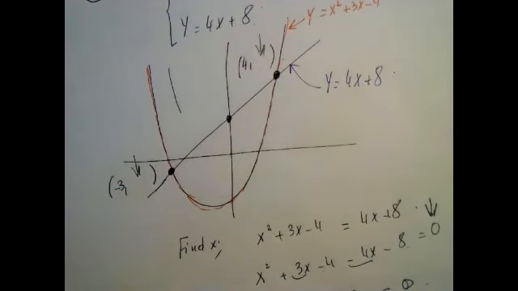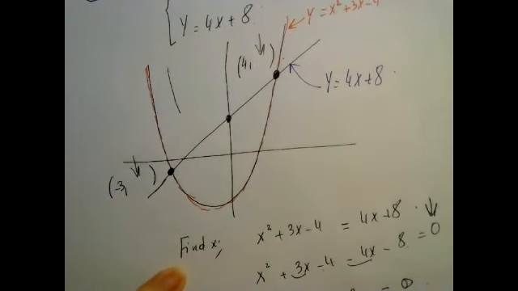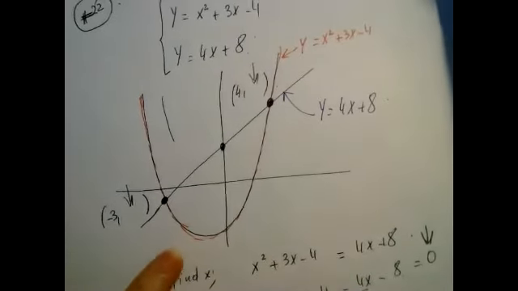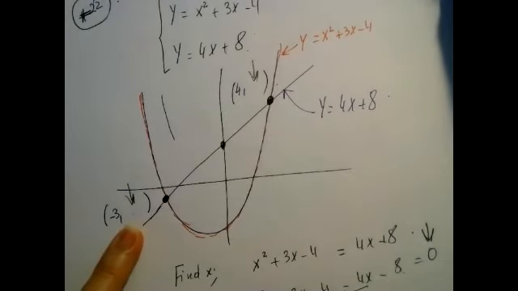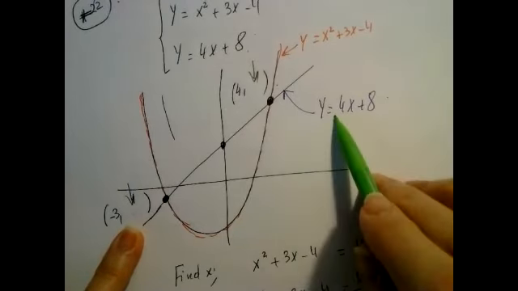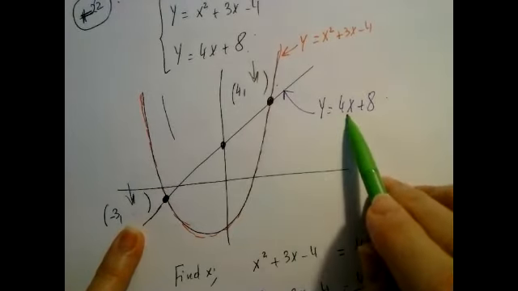Do you plug in the x to each line and then solve for y? If we're finding the coordinates for the blue line, then we'll plug in the minus 3 for x.